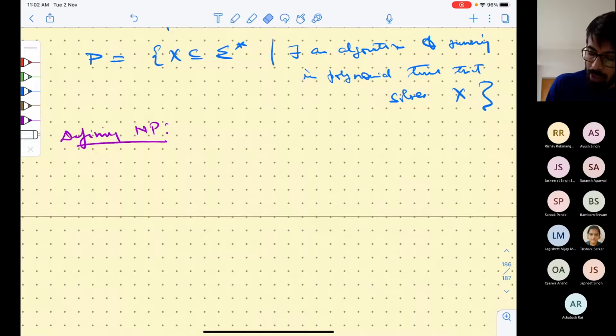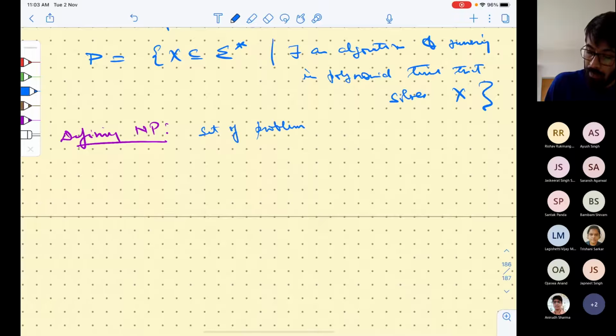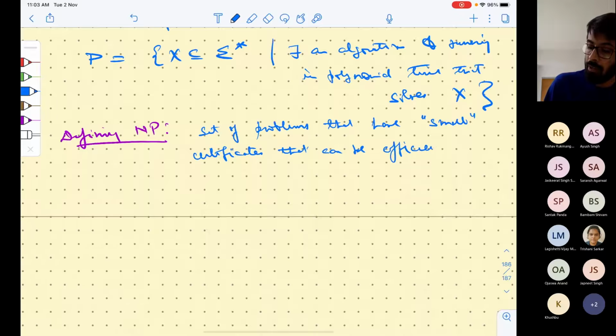So informally, if we want to say what NP is, it is the set of problems that have small certificates that can be efficiently verified.